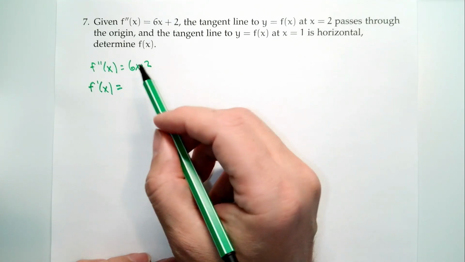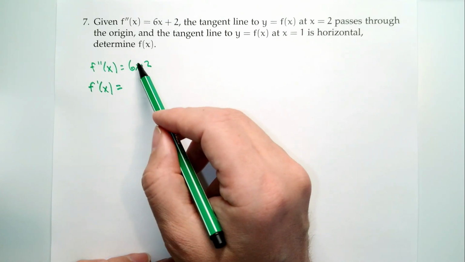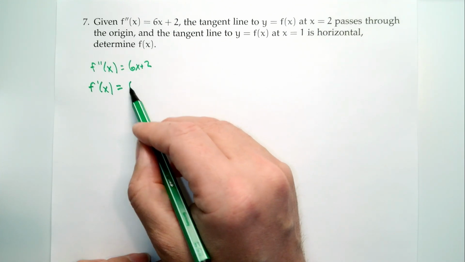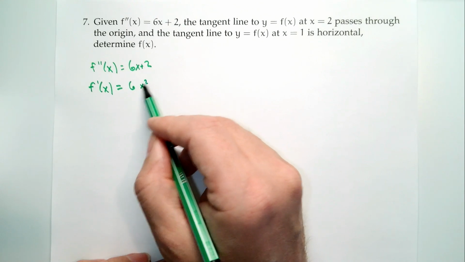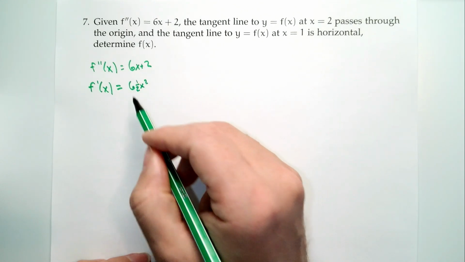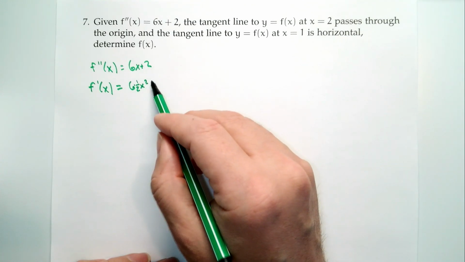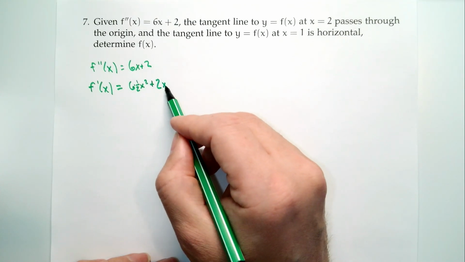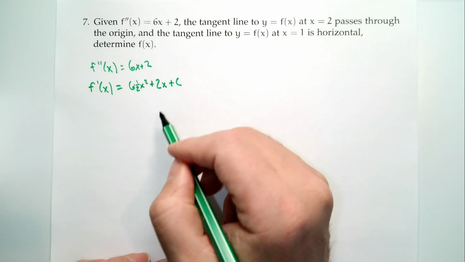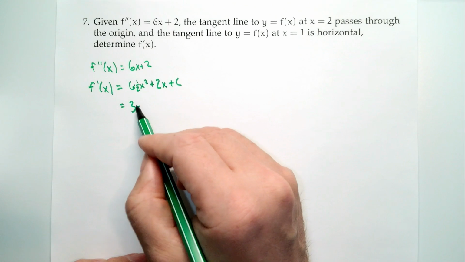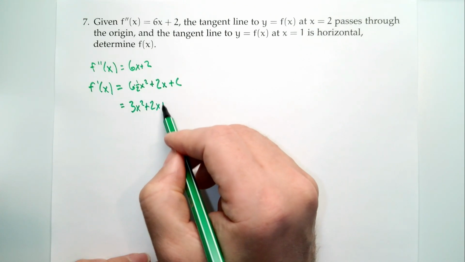Antiderivative of 6x, well, you would add 1 to the power, so it would be x squared, and then you would divide by 2. Right? And then the antiderivative of 2 is 2x, and then, of course, plus a constant, c. So that's 3x squared plus 2x plus c.